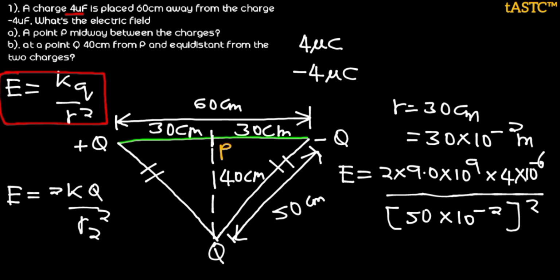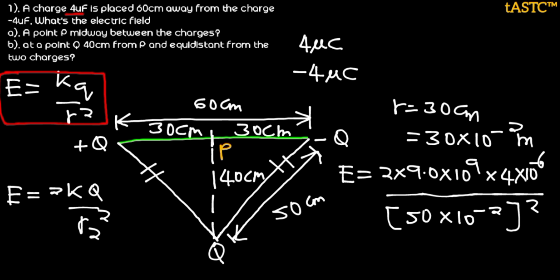That is going to be 2 multiplied by 9.0 times 10 raised to the power of 9, multiplied by 4 multiplied by 10 to the power of negative 6. Yep, so we are correct on that. Now we need to have 50 multiplied by 10 to the negative 2 here.